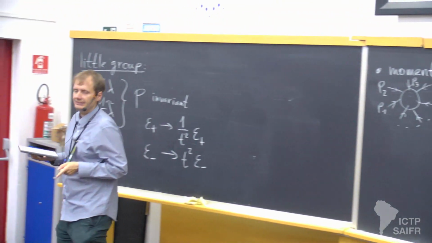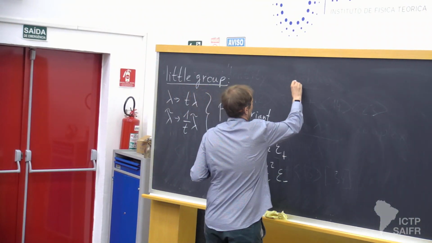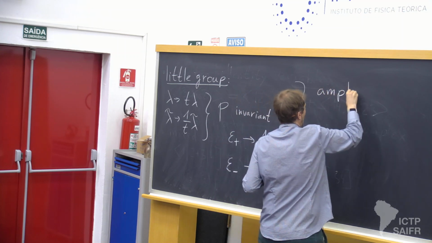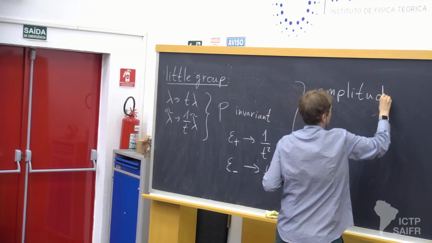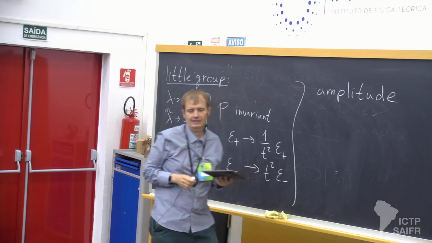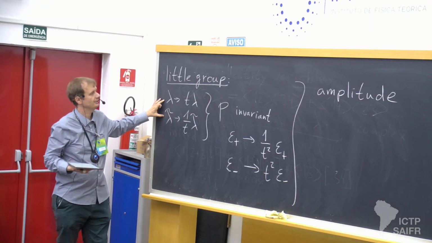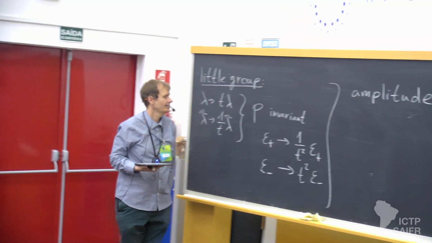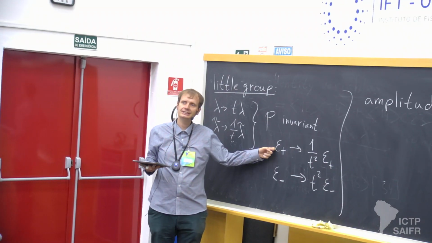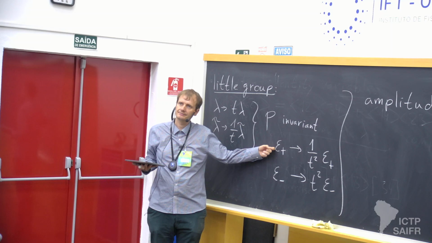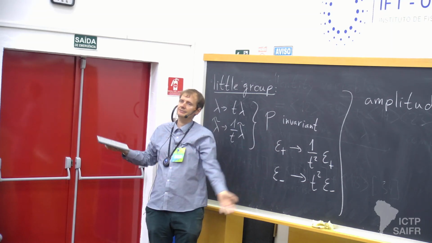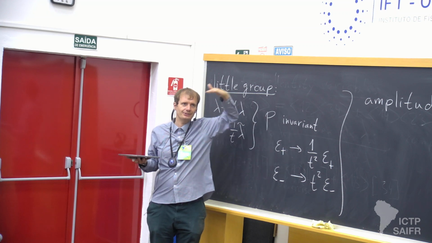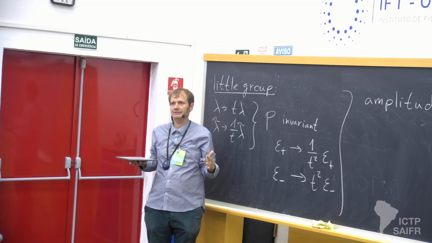However, it tells us something important. It tells us directly how the amplitude should behave if we do this little group transformation, because the amplitude as a function is linear in polarization vectors for each particle. If you just imagine the Feynman diagrams, on the outside of the Feynman diagrams, for each leg we have one polarization vector.